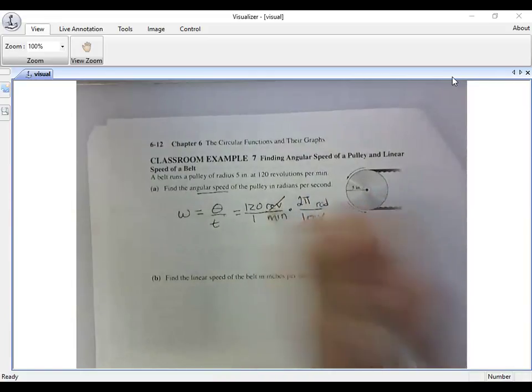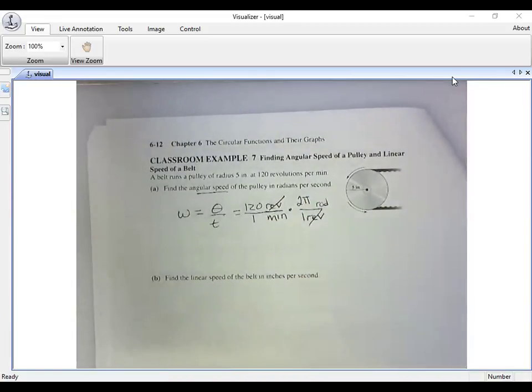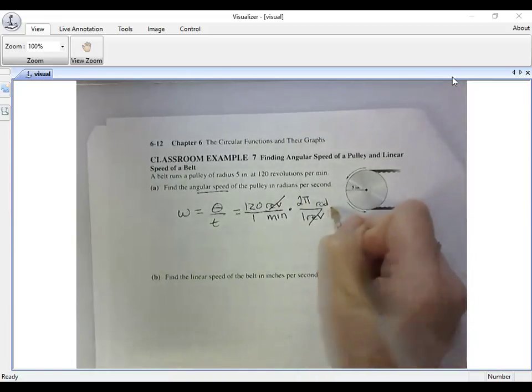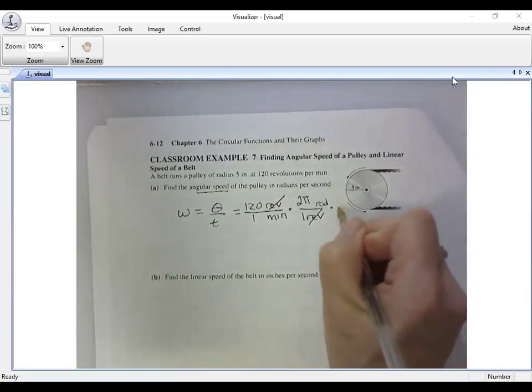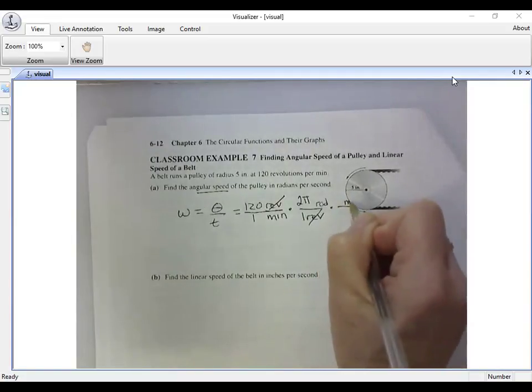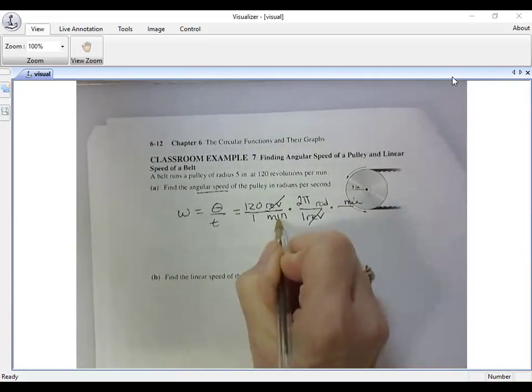And that means my revolutions are going to cancel out. And if I stop here, I've got my answer in radians per minute. But I want it in radians per what? Per second. So in order to change minutes to seconds, that means I'm going to need minutes on top. So it's going to cancel out with this minute.